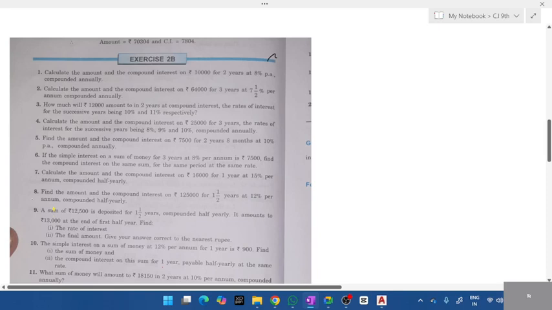I think the eighth question I had given for homework, right? Okay, only the fifth one. Till the fifth one we have done? Okay, only till fifth. Now look at the sixth one.